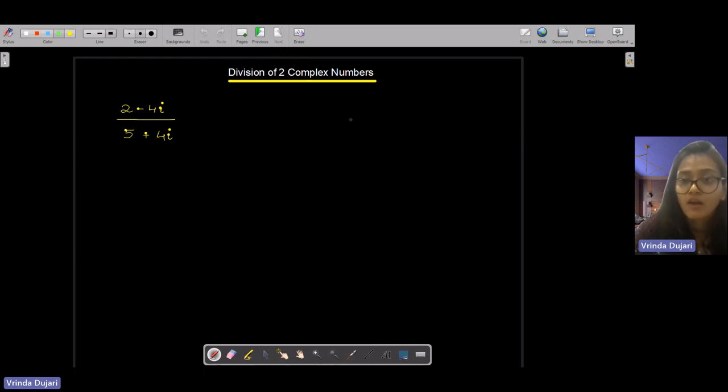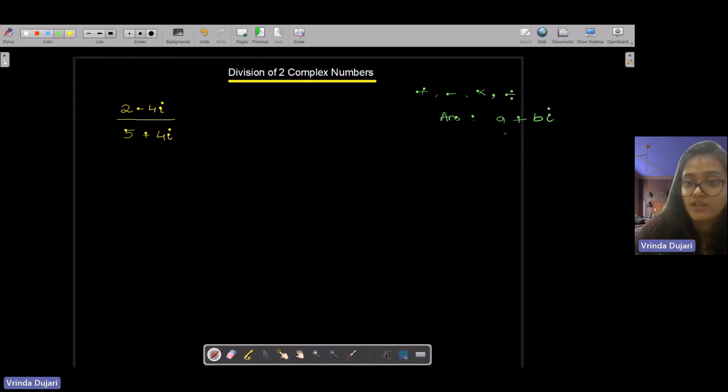Now see, whenever you are doing any operation on complex numbers, whether it is addition, subtraction, multiplication or division, your final answer has to be in the form of a plus bi. Right now we have one complex number divided by another complex number, and you have to find out the quotient.